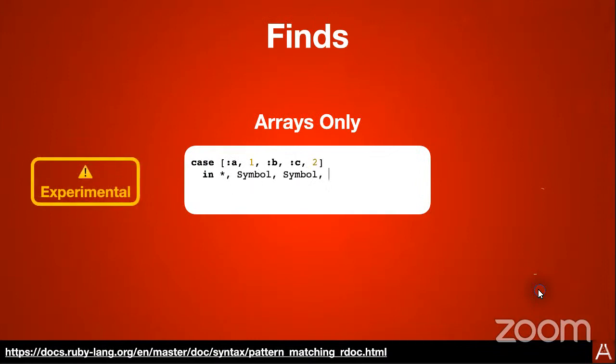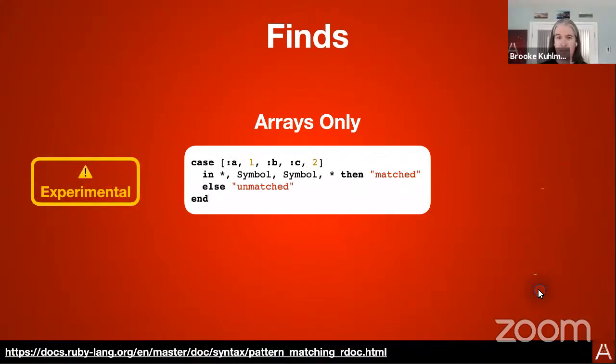Now, switching from hashes for a moment, let me talk about some of the caveats with arrays. They have a special set of caveats as well to be aware of. Again, none of this is too terrible. It's just something to be aware of, so I want to point it out to you. I also want to emphasize that this is experimental at the moment, because in arrays, since you can't do partial matching, the way to cheat the system and have partial matching is to put finds on the ends.